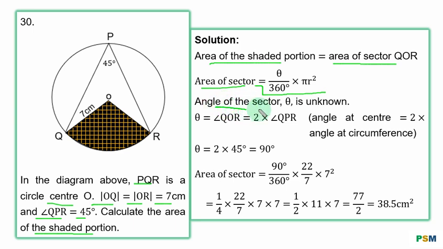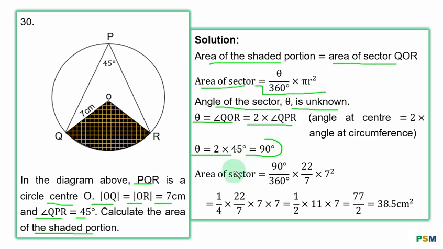Angle of the sector theta is unknown, but theta, that is equal to angle QOR, angle at center, is equal to 2 times angle QPR, angle at circumference. Therefore, theta is equal to 2 times 45 degrees equal to 90 degrees.